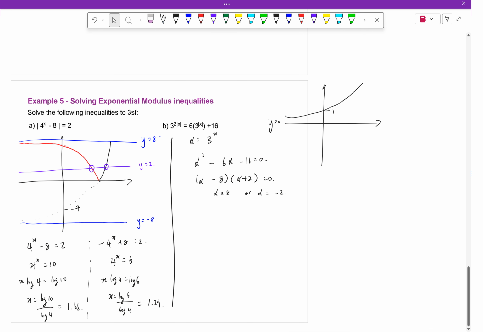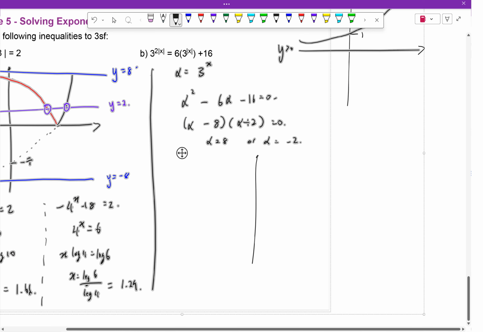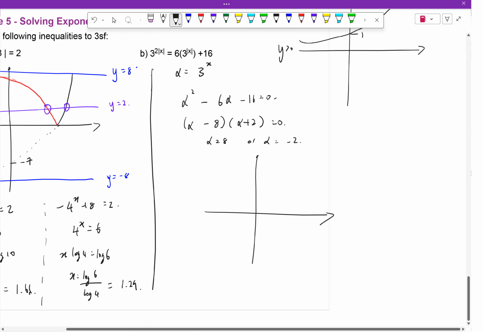Now, that's another tiny thing I did not mention, the modulus again. Okay, so let's sketch it out first. If I were to make modulus, let's focus on 3 to the power of 2x.